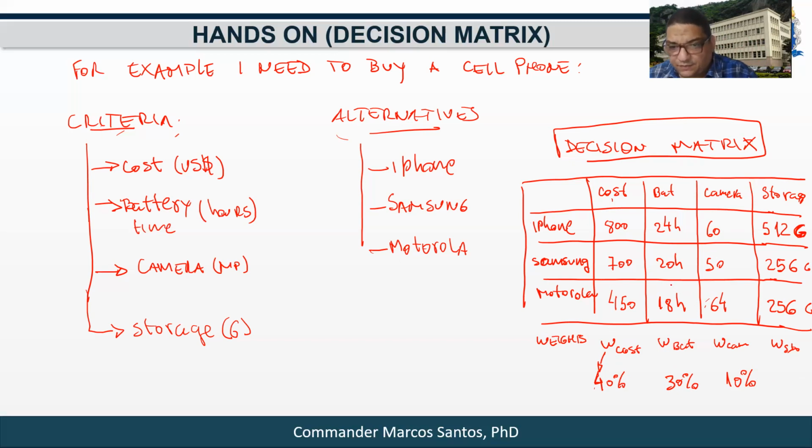So I have 4 plus 30, 70, 70 plus 10, 80. So I need 20%. So the sum is 100. So this is enough. I have all the data set to calculate the TOPSIS method.